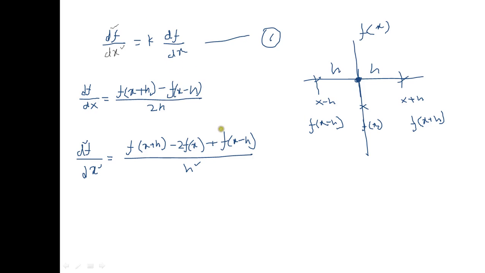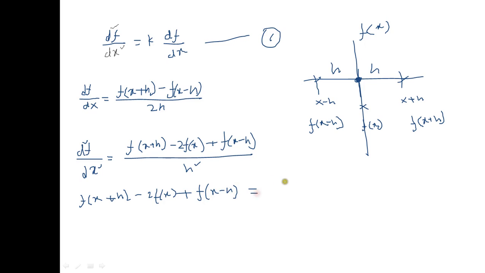So if we replace these equations here, what do we write? We can write f(x+a) - 2f(x) + f(x-a) divided by a².